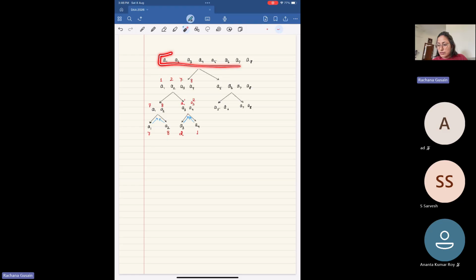We started with this array. Then we split it into two arrays. Then this part gets split further. Until we reach the base step of the recursion, it's going from top to bottom. And once we hit the base steps, then it starts merging them in a bottom to top manner.